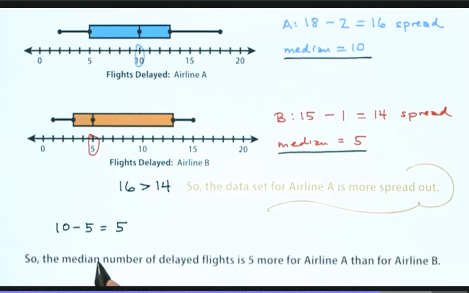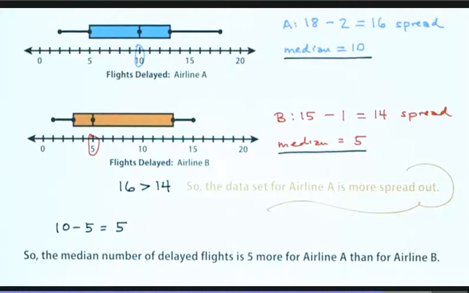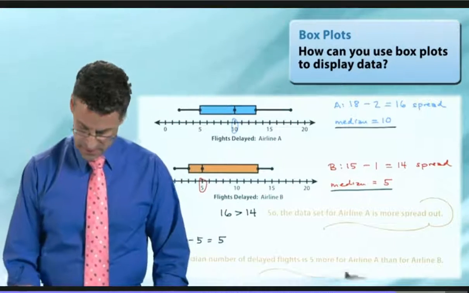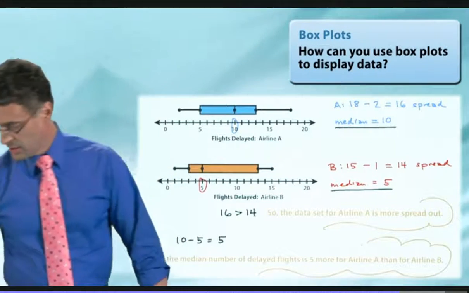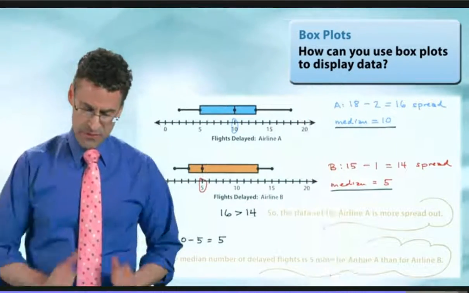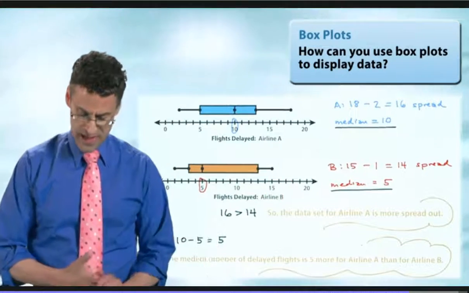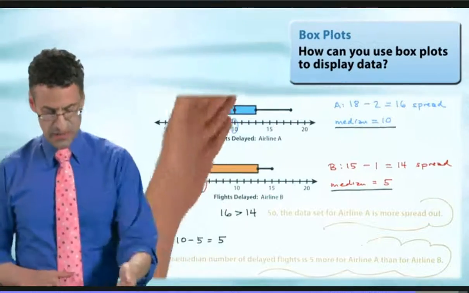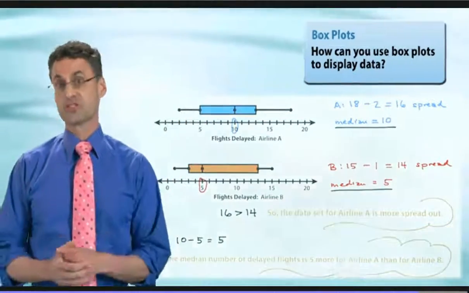The median number of flights delayed is 5 more for airline A than for airline B. Just using these two box plots, we're able to see all sorts of interesting facts about the spread of the data and how much higher airline A's median is than airline B's in terms of delays.